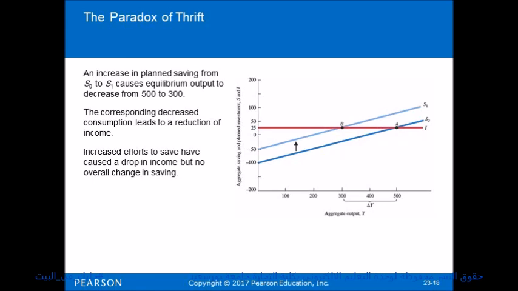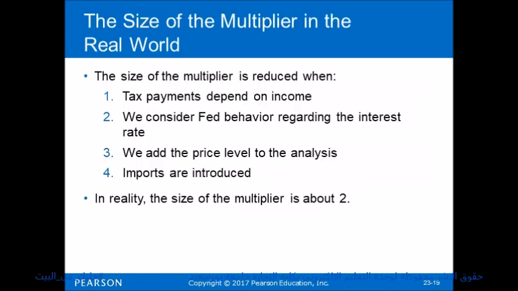The corresponding decreased consumption leads to a reduction of income. Increased efforts to save have caused a drop in income, but no overall change in saving. This case is known as the paradox of thrift.